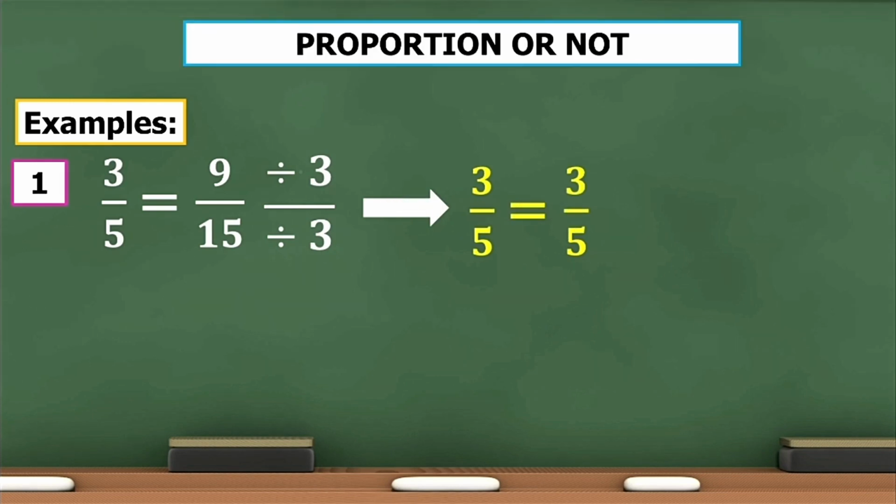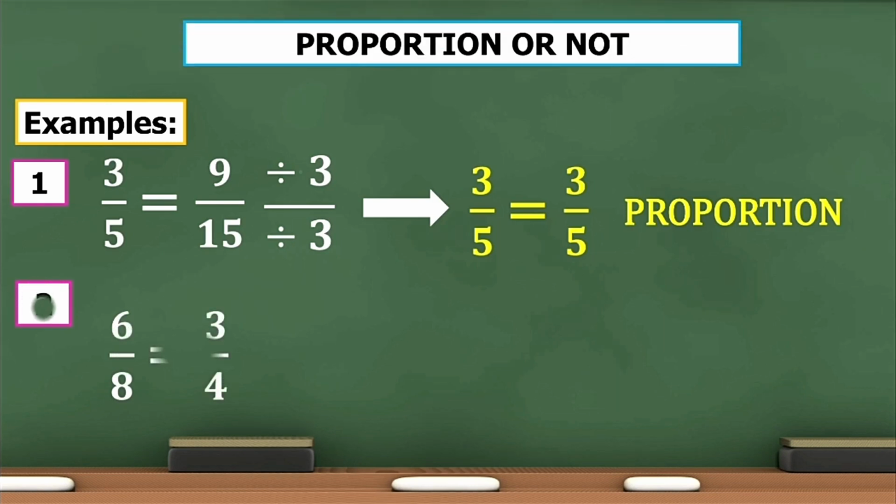And since the two ratios on both sides are equal after reducing to the lowest terms, we are now sure that the given ratios are proportion. Another example, 6 over 8 is equal to 3 over 4. Maliban sa pagkuha ng lowest terms, pwede rin natin malaman kung ang given ratios ay proportion gamit ang cross product property.